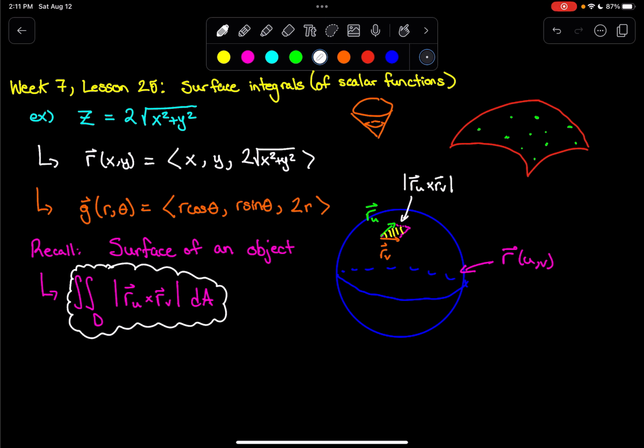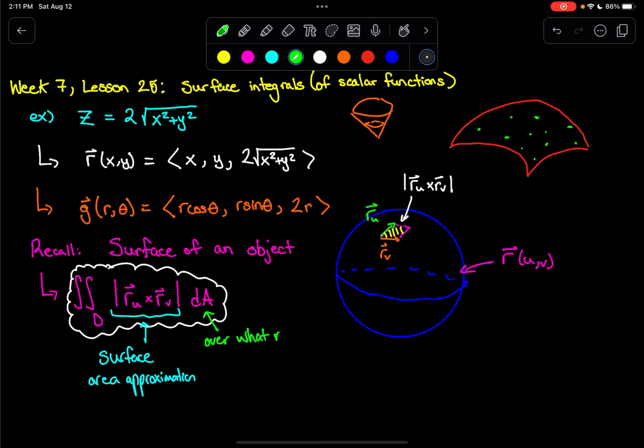And so this right here is our surface area approximation. And where does the dA come from? This comes from telling us over what region of u and v values.